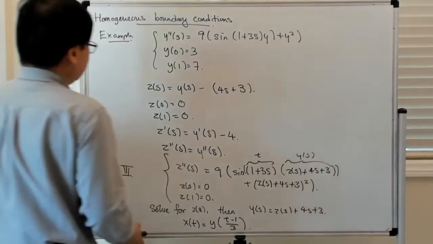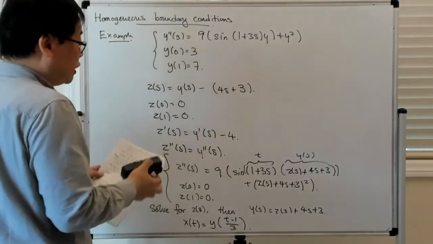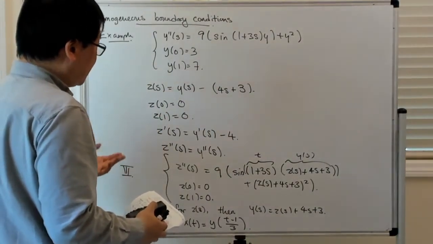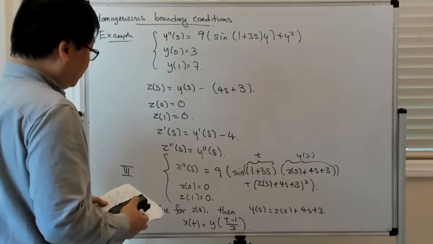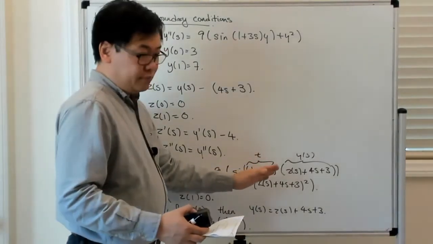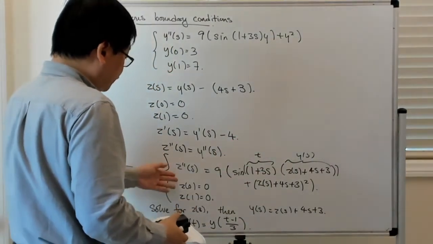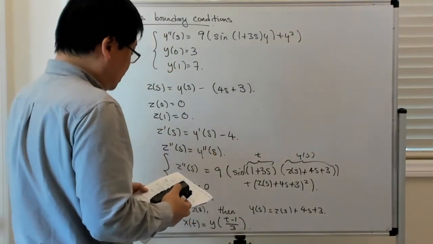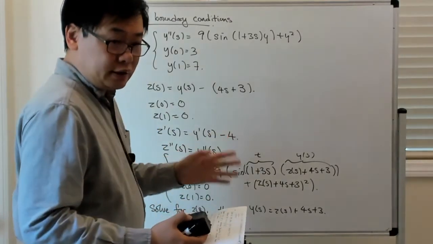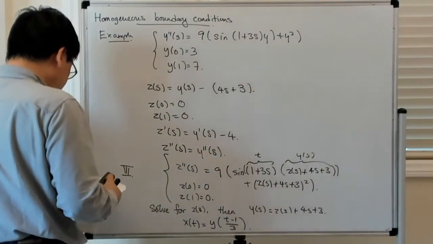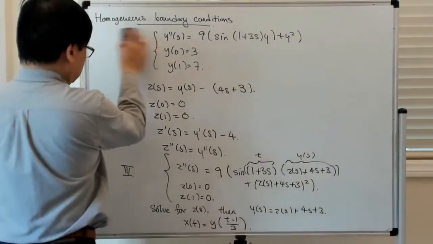Now we've shown that if you have a boundary value problem where the right-hand side just depends on t and x, you can convert it into this kind of standard form. Let's state a theorem about the existence and uniqueness for that kind of problem.